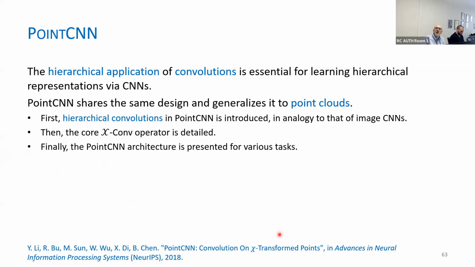Also, this paper is from 2018, so just one year later than PointCNN and PointNet. If you look at the number of citations, this paper has I think 3,000 to 5,000 citations. So it's another architecture that can be useful in this book.